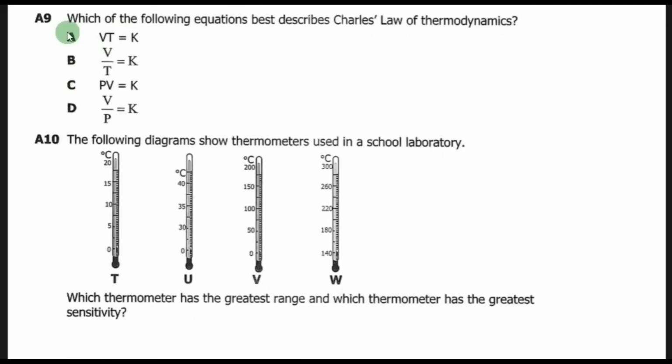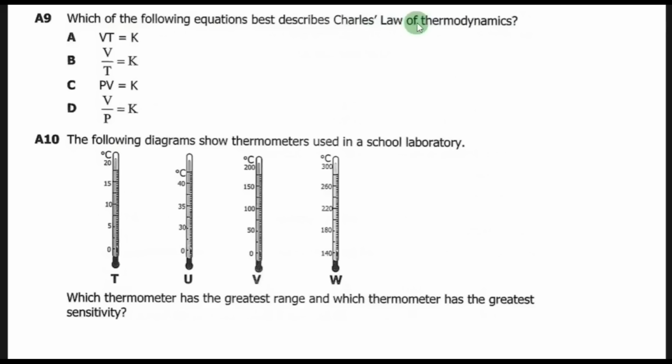A9 reads, which of the following equations best describes Charles's law of thermodynamics? All right, these thermodynamics equations they're talking about, they have advanced the terms here. What we use are the laws of gases. That's what I know.